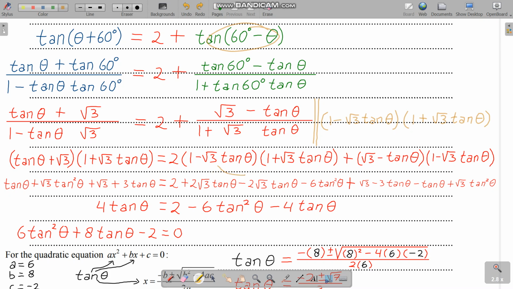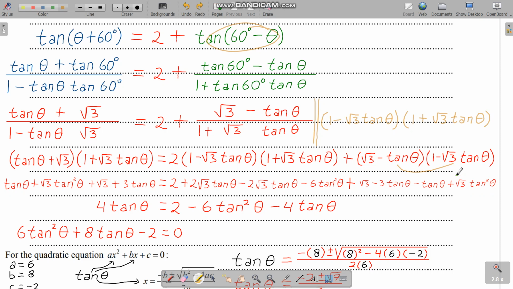And a minus root 3 tangent times 1 times 2, so minus 2 root 3 tangent. And minus root 3 tangent times plus root 3 tangent, so we have minus 3 tangent squared times 2, minus 6 tangent squared.